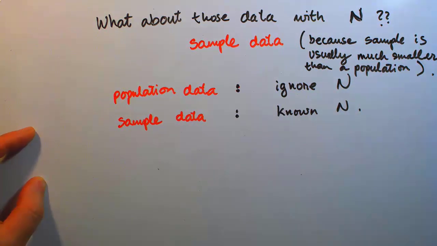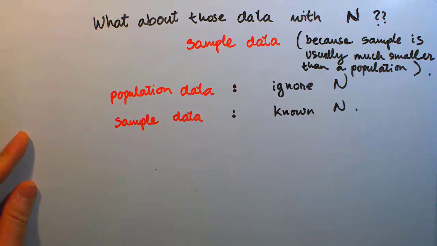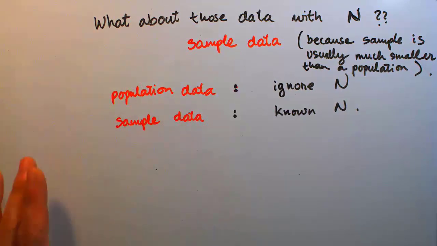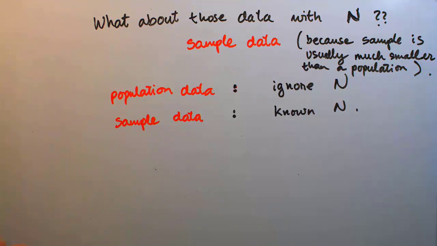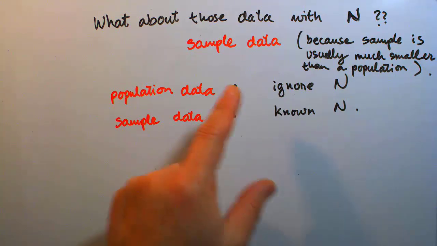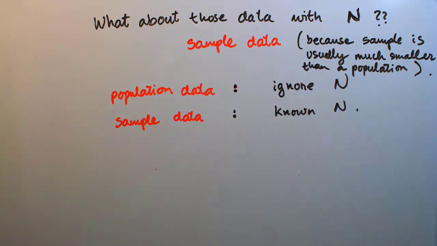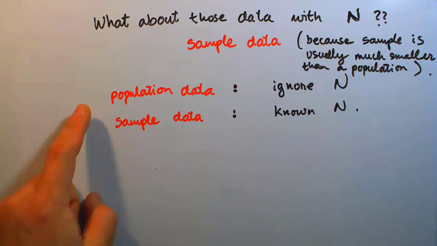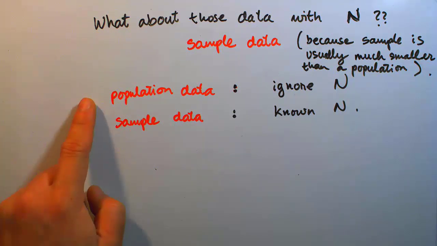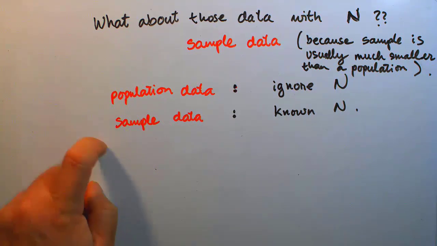Later on, when we formally learn about sampling, we're going to learn the reason why a sample has to be much smaller than the population data.